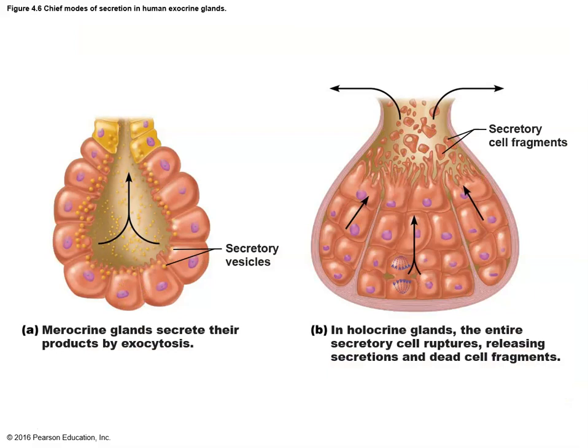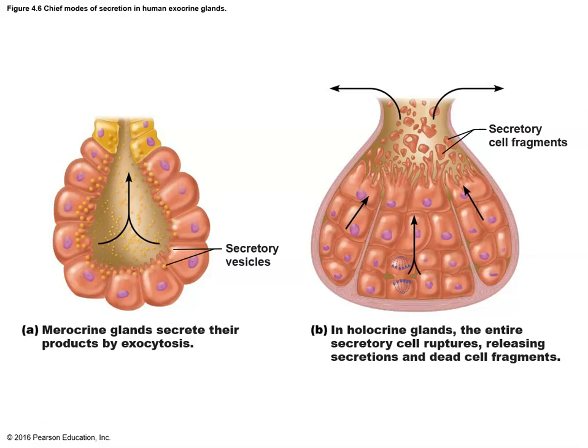There are two different ways that exocrine glands can release their product. So let's say here the pink cells are making the product, whatever type of product it happens to be. And I guess we should say here that the difference between exocrine glands and endocrine glands is what they do with their product. So an endocrine gland is going to release its product into bodily fluids.